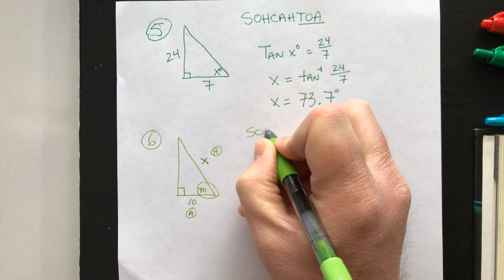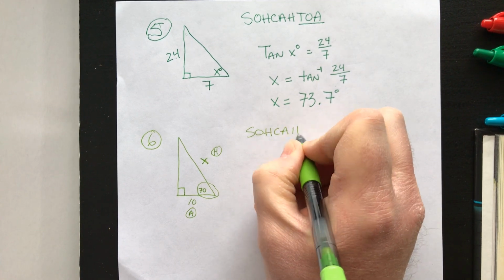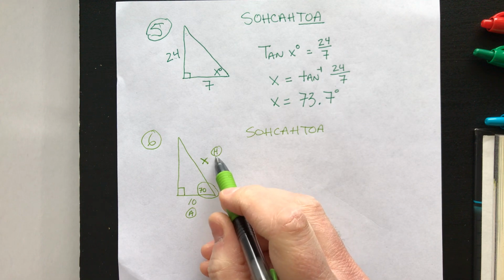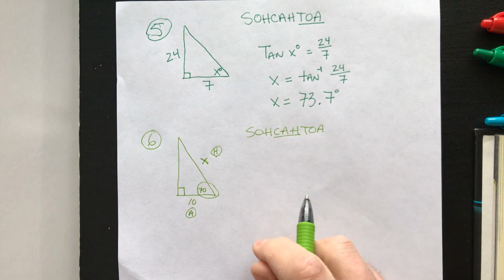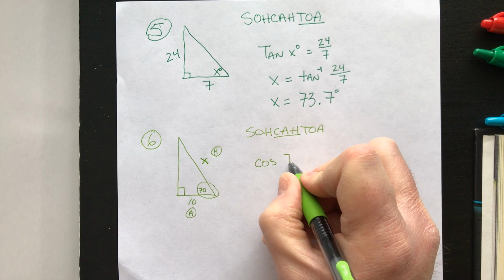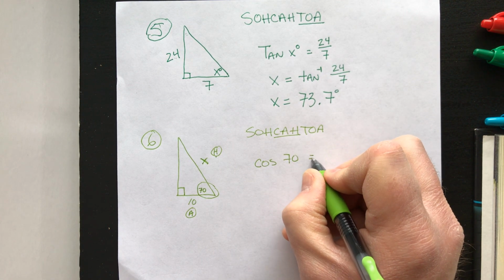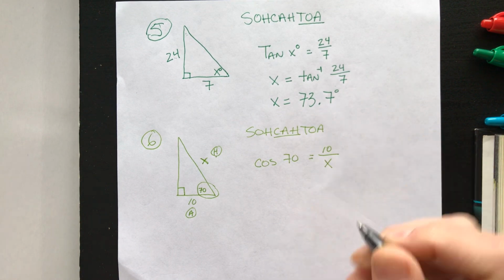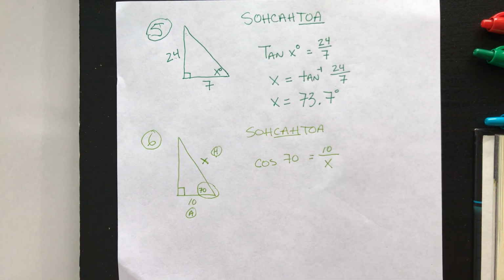That tells us with SOHCAHTOA, if we have adjacent and hypotenuse, that's cosine. So the cosine of 70 degrees is equal to adjacent, 10, over hypotenuse, which is x. Here's a fun little trick.